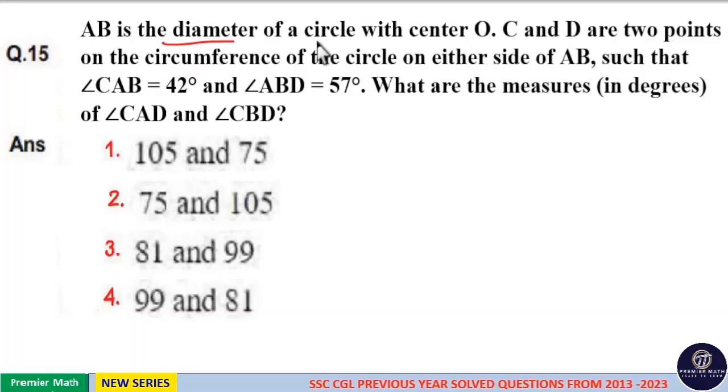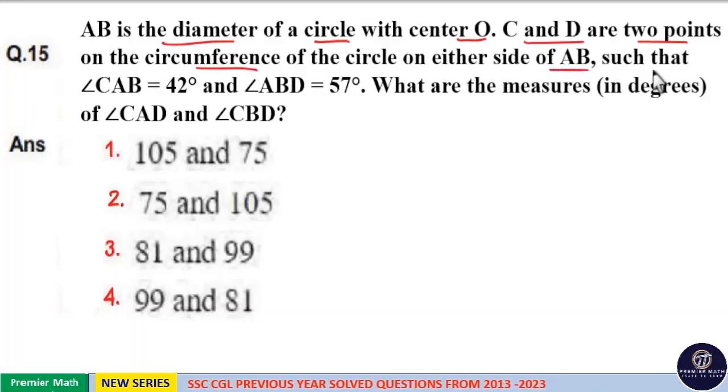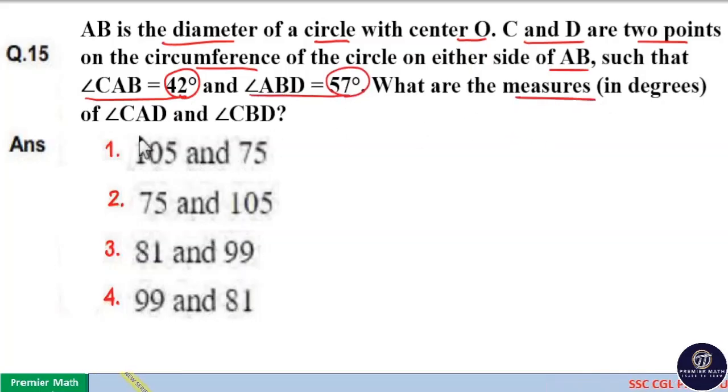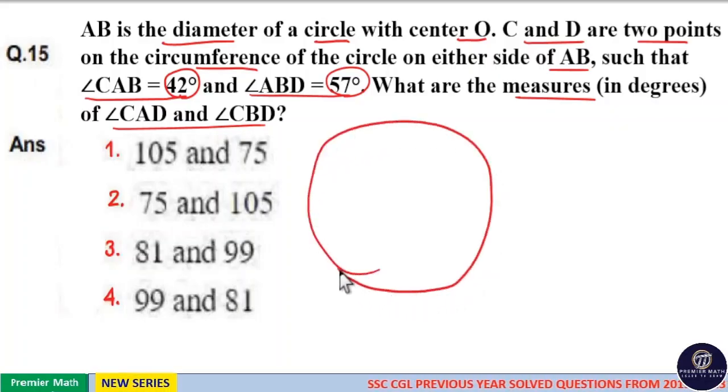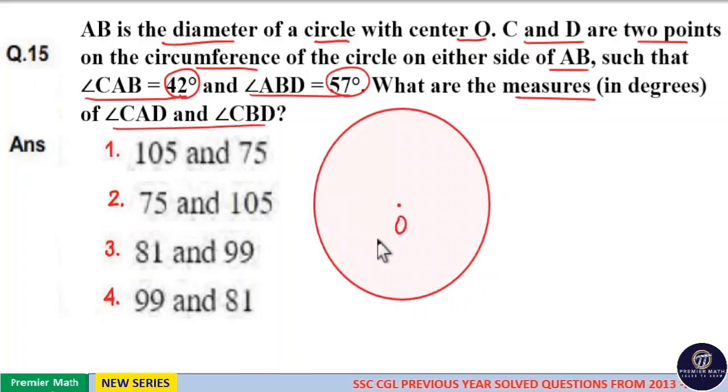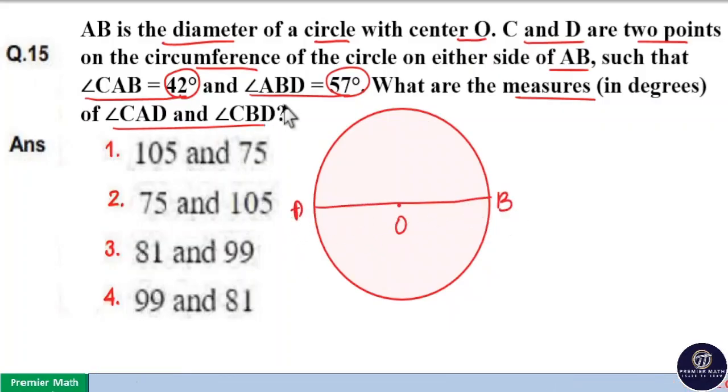AB is the diameter of a circle with center O. C and D are 2 points on the circumference of the circle on either side of AB, such that angle CAB is 42 degree and angle ABD is 57 degree. What are the measures of angle CAD and CBD? Consider this as the circle with center O. Now, diameter is AB and C and D are 2 points on either side of AB.